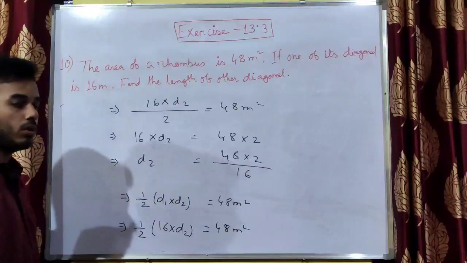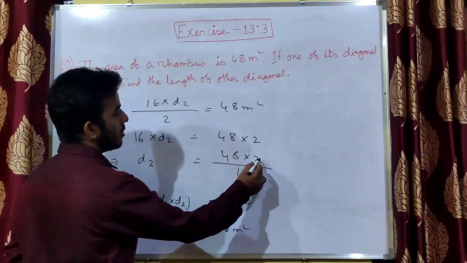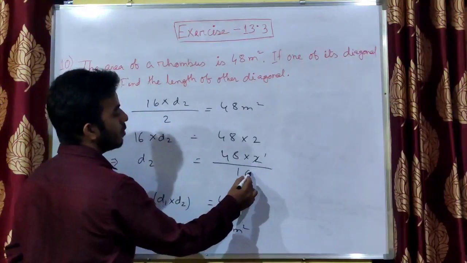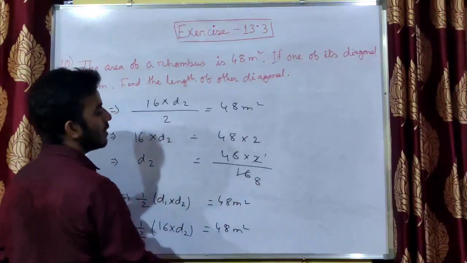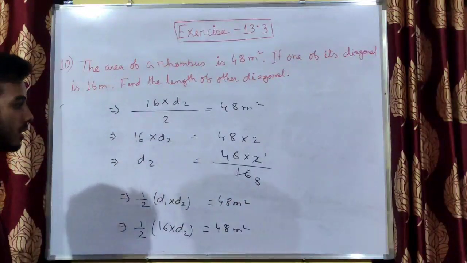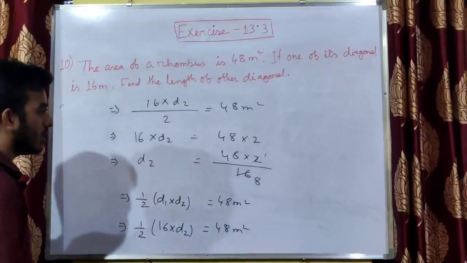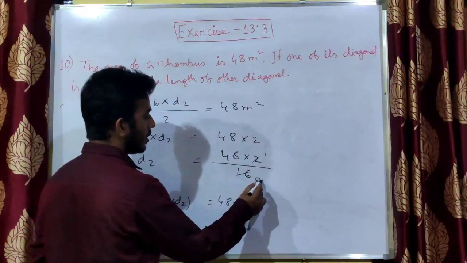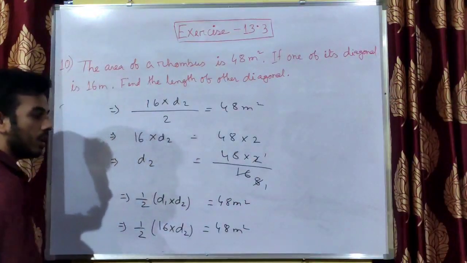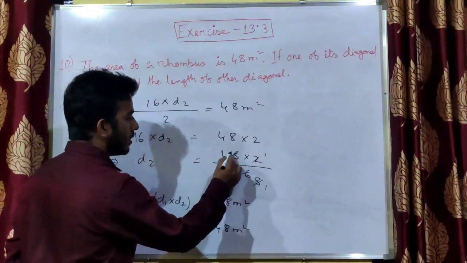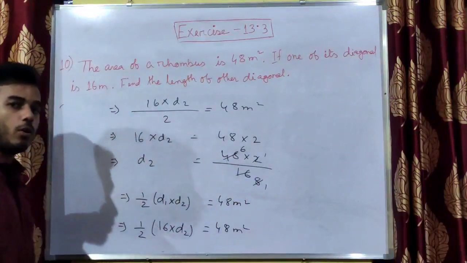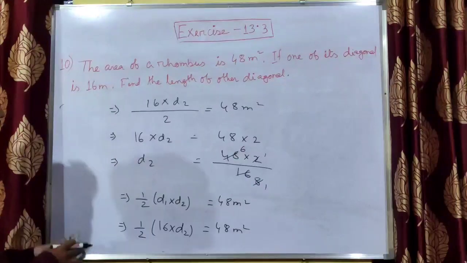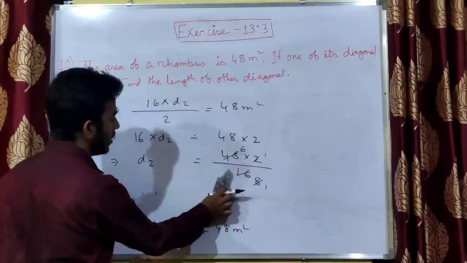So now what we will do? We will cancel out. 2 1 are 2, 2 8 are 16, right. Now 8 into 6 is how much? 48. So D2 is how much?